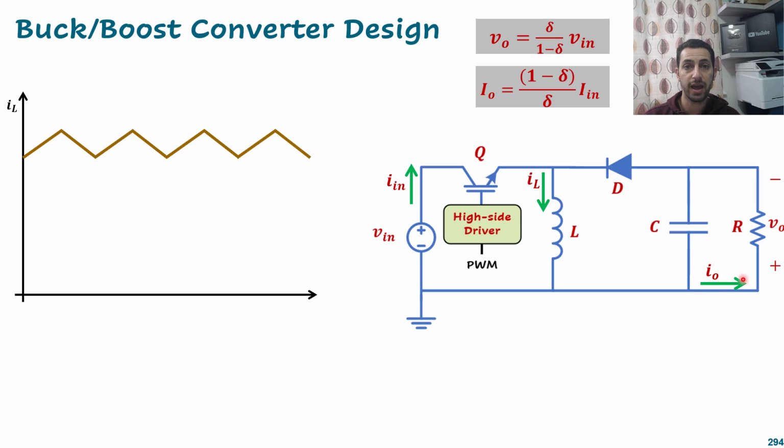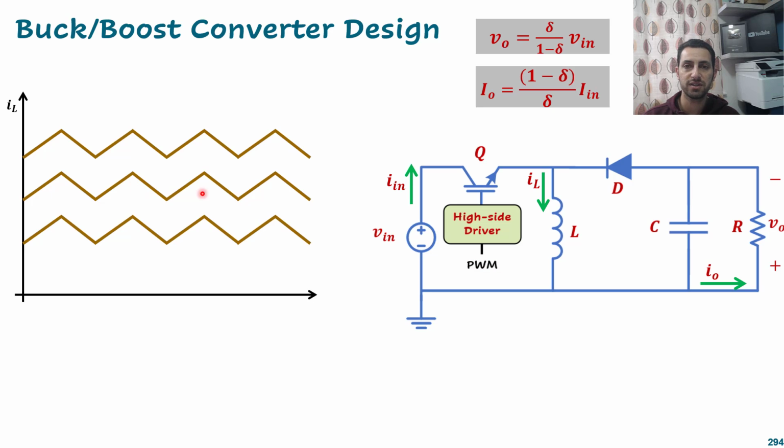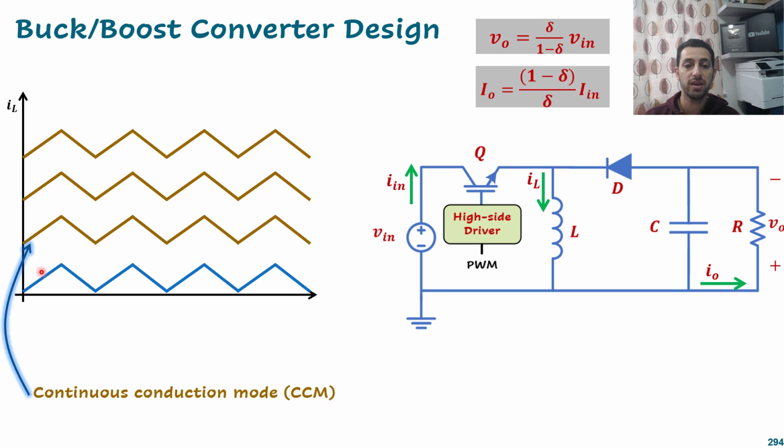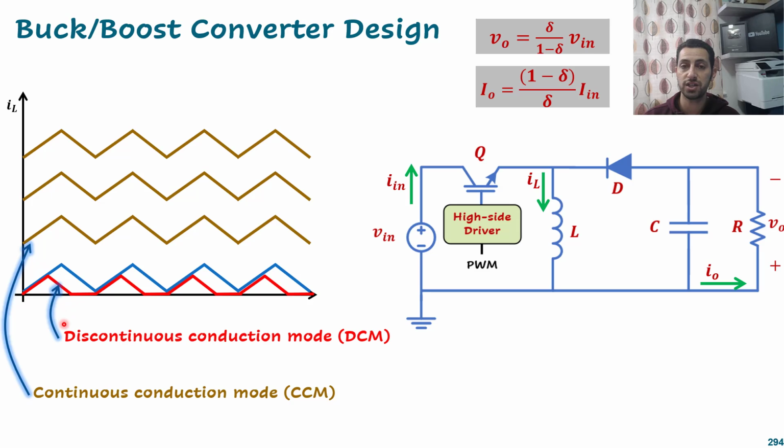But the average value of I output will affect IL. So if I output is high, it will keep it in continuous conduction mode, and if it's lower a little bit, it lowers the IL, but it doesn't affect the ripple, and it will keep going down until we find the boundary condition, and then we go to discontinuous conduction mode.